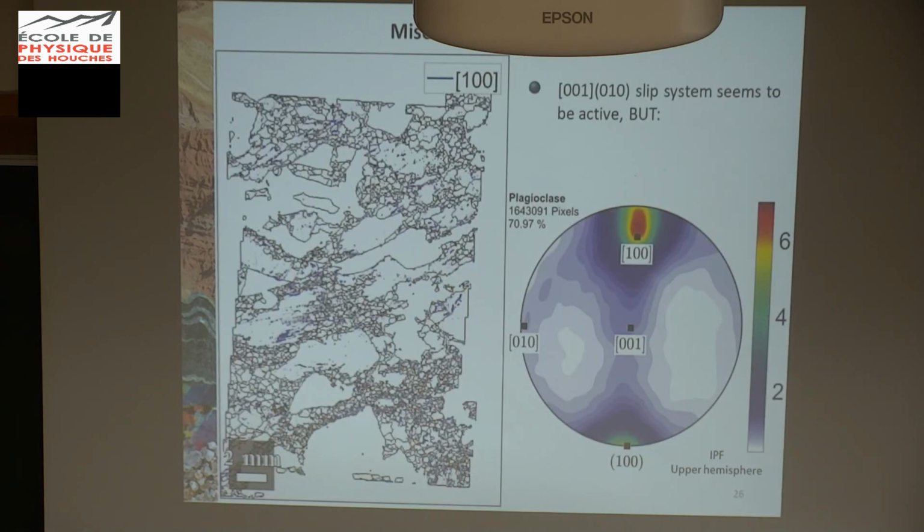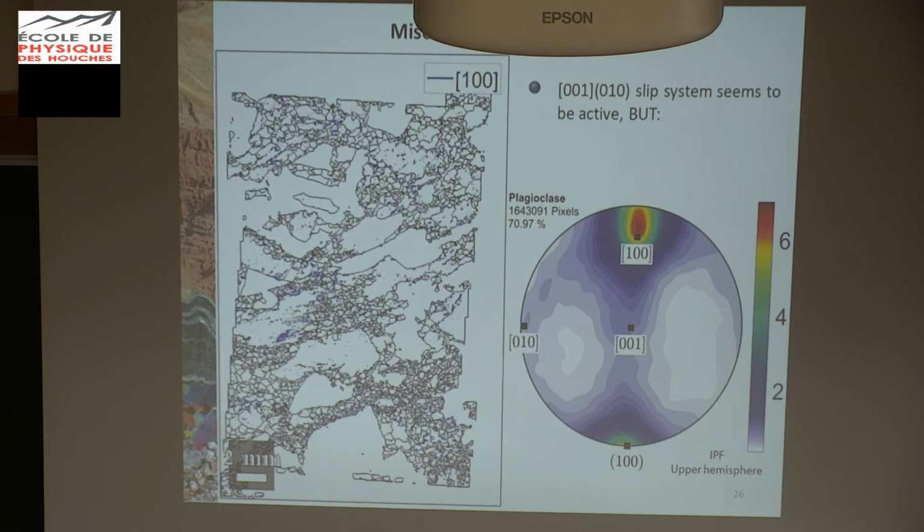But if you plot the misorientation rotation axis in an IPF, you can see that the maximum corresponds to the 100 axis, which is the misorientation rotation axis associated to the 010 slip system.